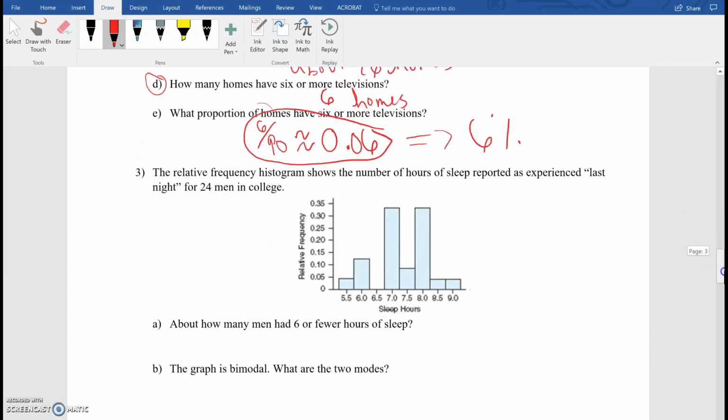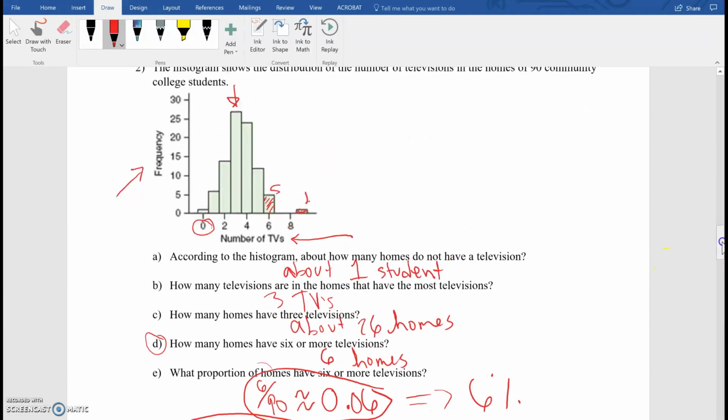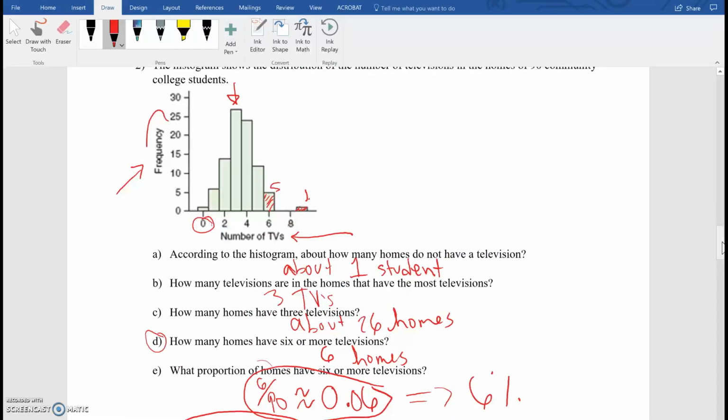All right, so this is the last problem. So the relative frequency histogram shows the number of hours of sleep reported as experienced last night for 24 men in college. Okay, so this tells you a relative frequency. So notice that as we look at the other histogram, if we go back, this histogram only gave me frequency, right?